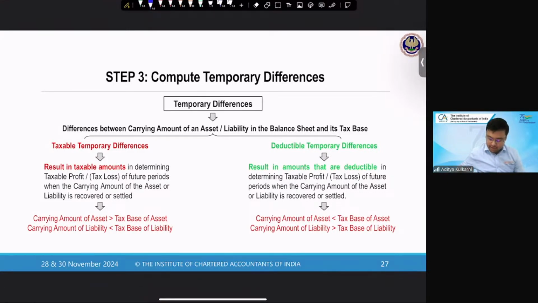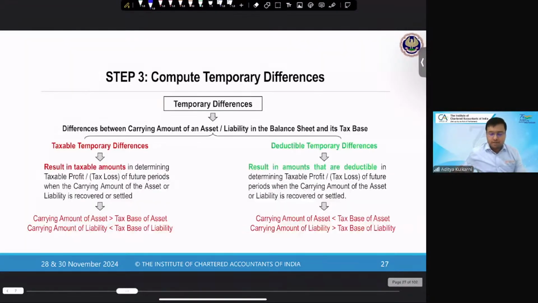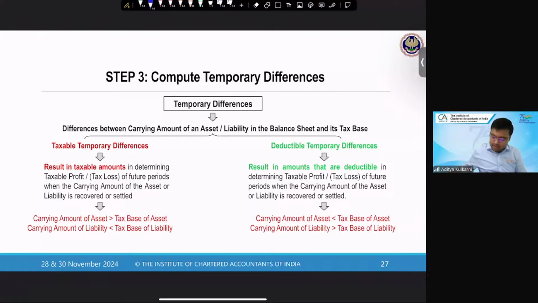Okay, all right, fine. Now coming to temporary differences, this is nothing but the difference between the carrying amount of an asset or liability and its tax base.